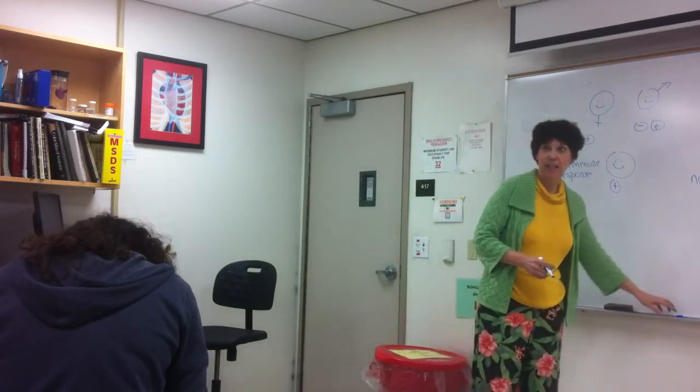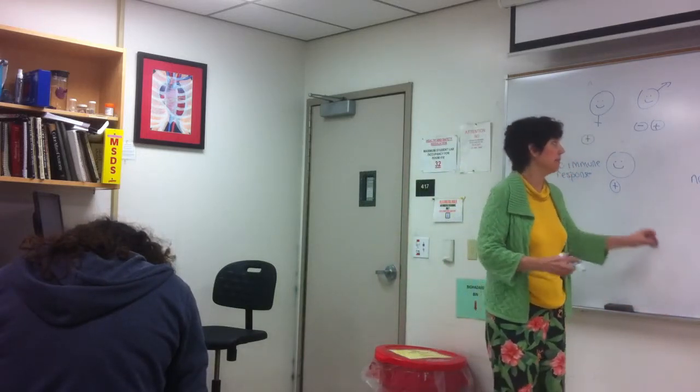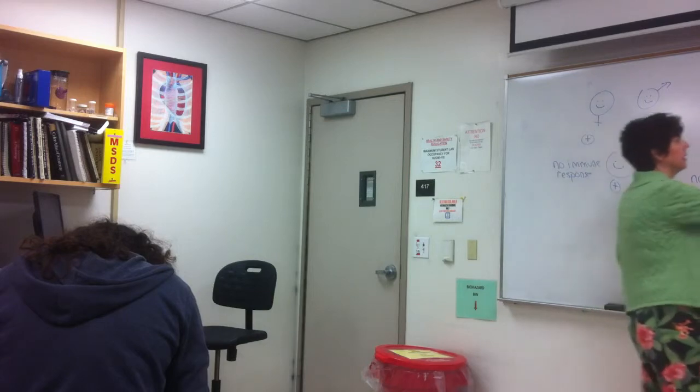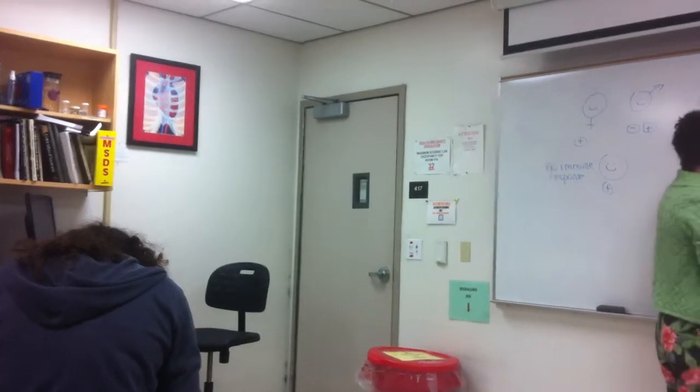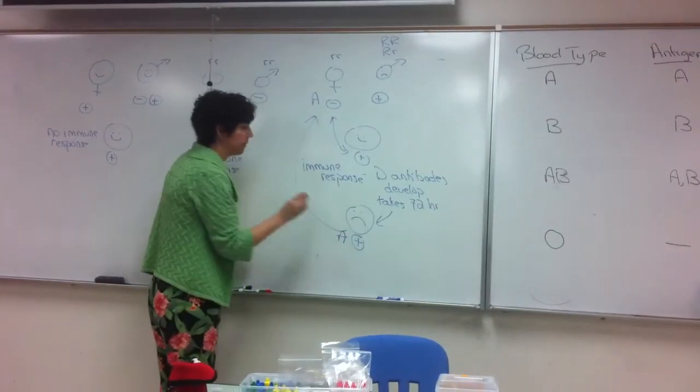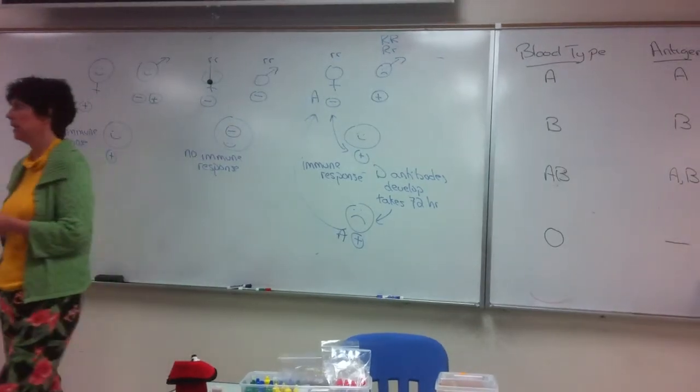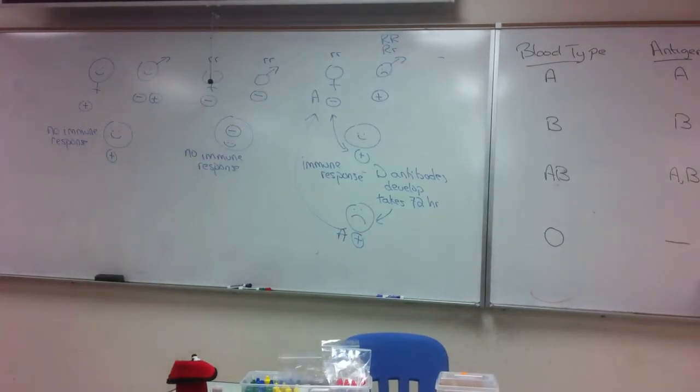So let's say that the mother's blood type is A negative, and the baby's blood type is A positive. What blood type would they give the baby? A negative or A positive? They would use A negative, even though the baby's blood type is A positive.